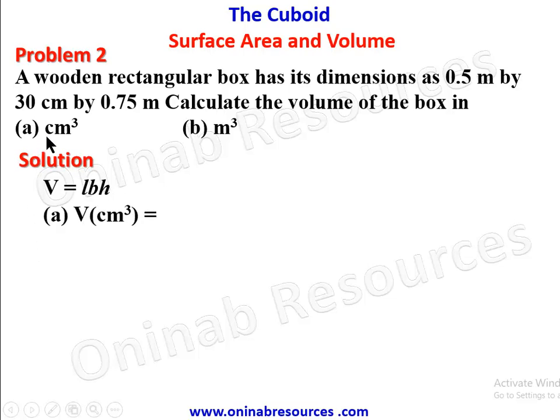So starting from A, volume in cubic centimeters, meaning we are going to convert all the dimensions in meters to centimeters. So by multiplying by 100, 0.5 meters, multiplying it by 100, I have it as 50, multiply by 3, then multiply by 75, and 75 times 3 times 5, then add the 2 zeros.